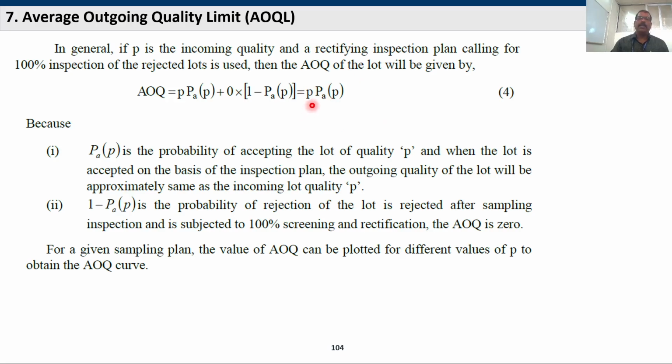So P is the incoming quality level, PA is the probability of acceptance, in bracket again P. Through this relationship you can get the average outgoing quality limit. So you should remember this one: after doing acceptance sampling and the rectification inspection plan, what is your average outgoing quality level? Small p into PA divided by P.